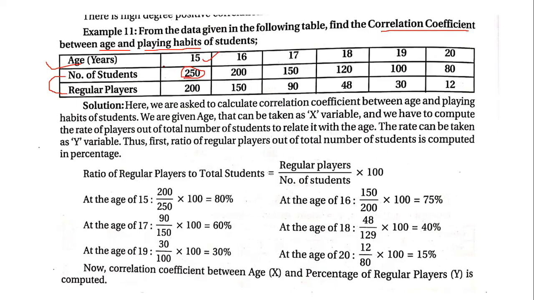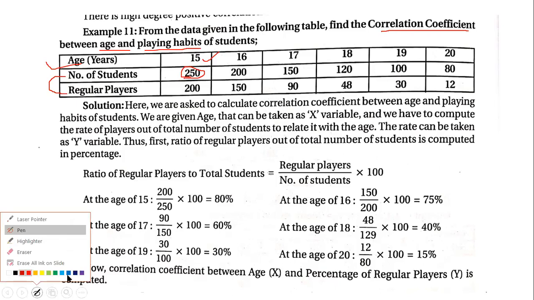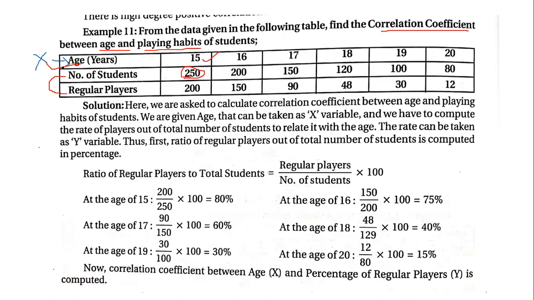So number of students is given to us, regular players are given to us, but they have not directly given us the data of playing habits of students, what is required for us to calculate. So what we have to do here is, let us assume x for age. Now for y we are supposed to define the values using these two data, number of students and regular players.